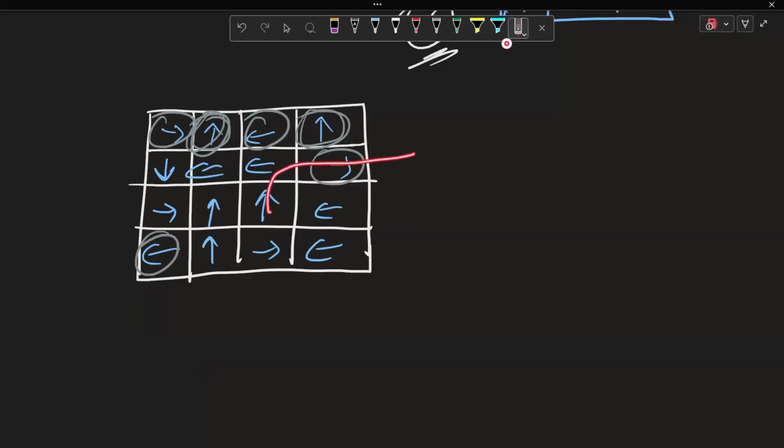So if there was a path to go outside, then whenever we started from the boundary in the BFS, we would have reached here by going to the adjacent nodes. But if there is some node where we are not able to traverse in our BFS, then we can say that from this node we are always going to get trapped. There is no way to go out from this node.